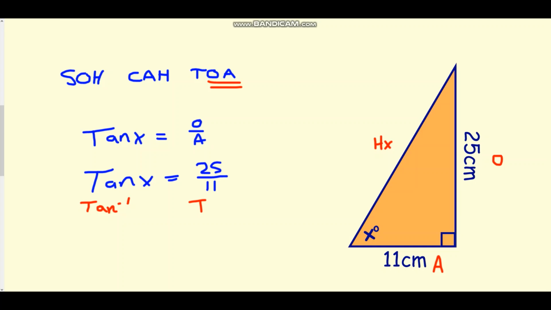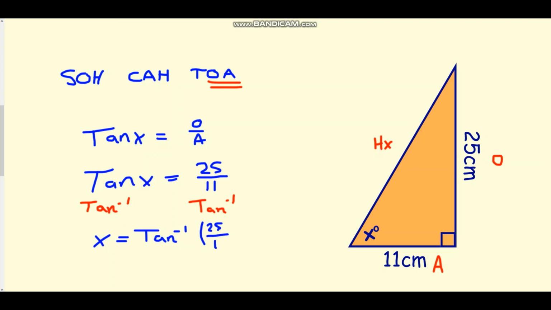Again, you don't need to write the bit down in red that I'm writing, but it just lets everybody know my thought process. x is equal to tan to the minus 1, inverse tan, of 25 divided by 11.